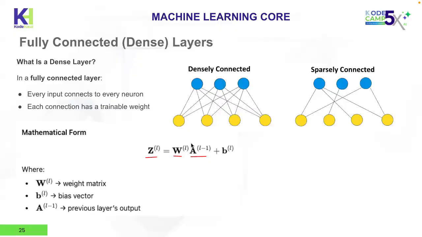But the A is the output of the previous layer. That's why it's L minus 1, the layer before. And then plus the bias of this current layer. So this is the formulation for a fully connected layer. In fact, basically the formulation for any layer, right? The only thing in the sparsely connected layer is that we can simplify everything by saying some of the weights are 0. A sparsely connected layer is basically a layer where some of the weights are 0 because it means no signal.